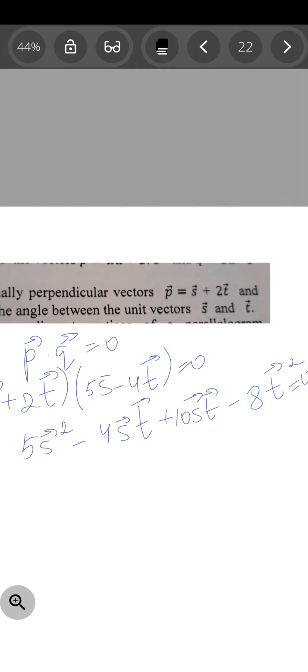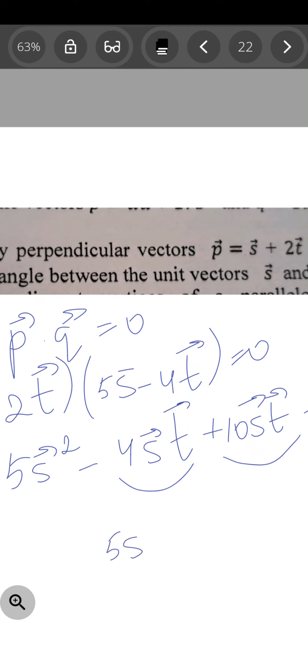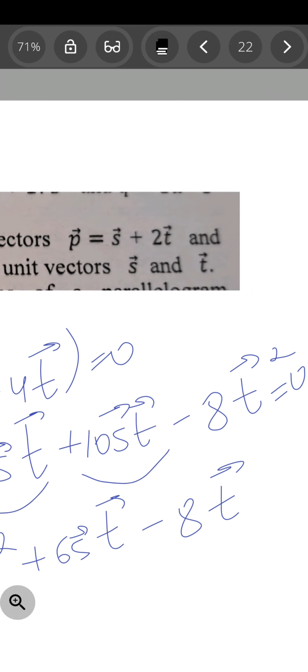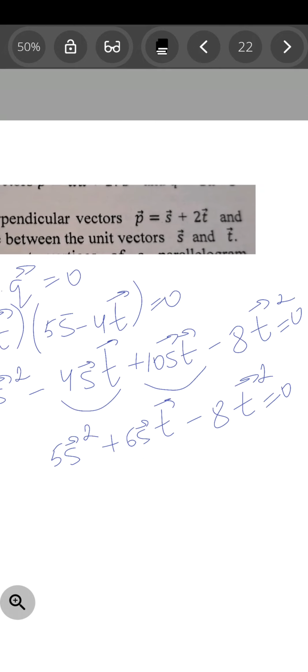Let's combine like terms, negative 4st and 10st. We obtain that 5s squared plus 6st minus 8t squared equals 0.